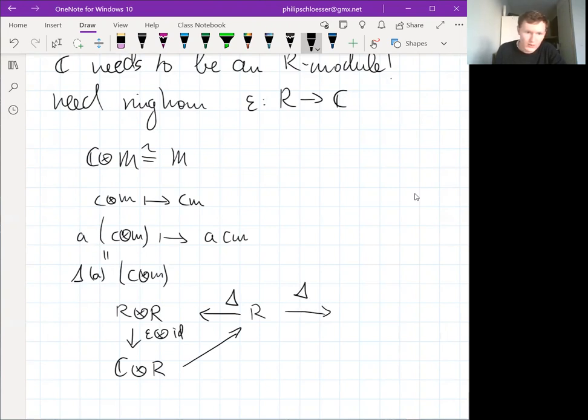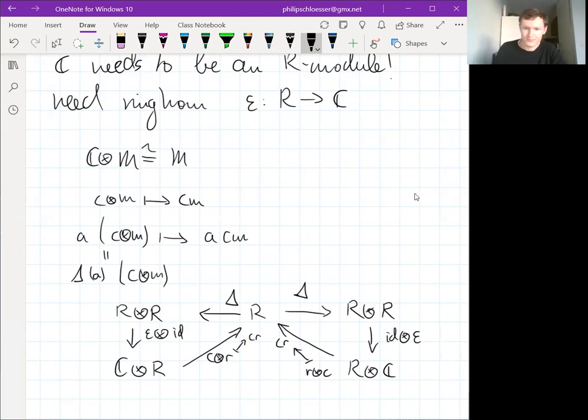The same way we could also do it the other way around. Could do identity times epsilon and then have tensor C. And those two maps here just map C tensor R to CR, and R tensor C to CR.